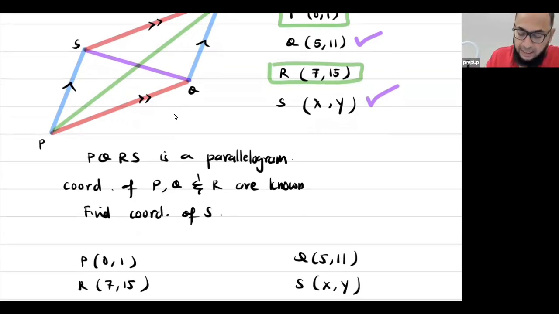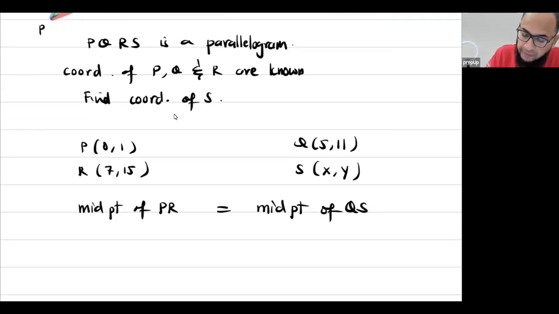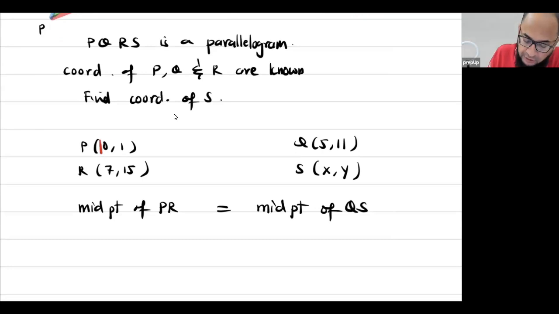Since they are the diagonals, the midpoint is the same. So the midpoint of PR should be the same as the midpoint of QS. Focus on the red color, that's the X coordinate. Make sure you write in the proper order.